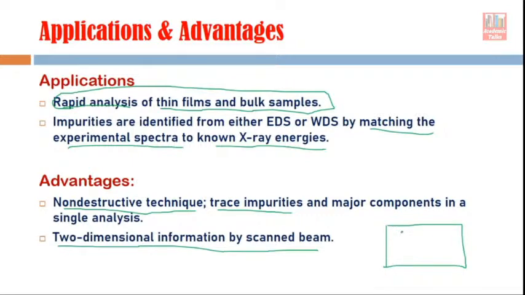At each point during the interaction, X-rays are generated, and those X-rays are analyzed to identify the impurities present in that portion. That way we can have a two-dimensional profile of the sample surface, and from that profile we can see the distribution of impurities or other elements as a function of position.